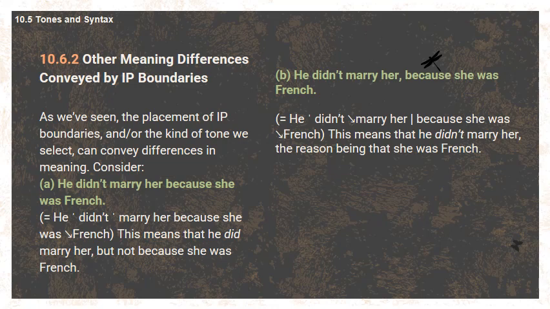This means that he did marry her, but not because she was French. Example B. He didn't marry her because she was French. This means that he didn't marry her, the reason being that she was French.